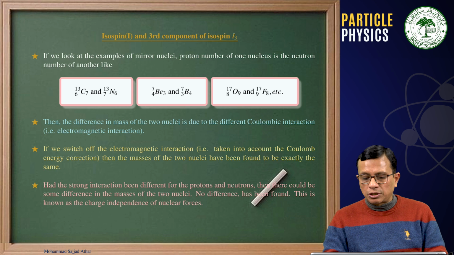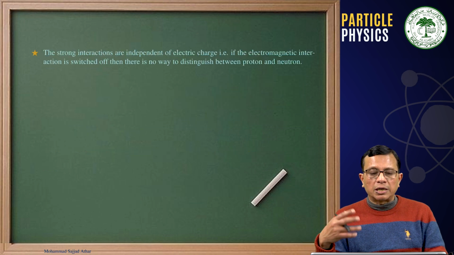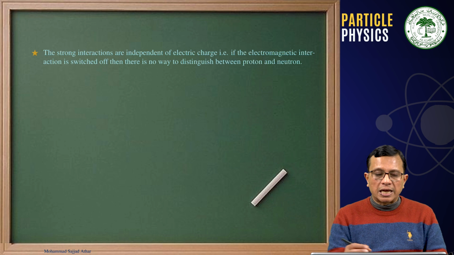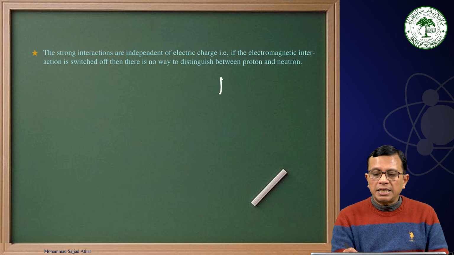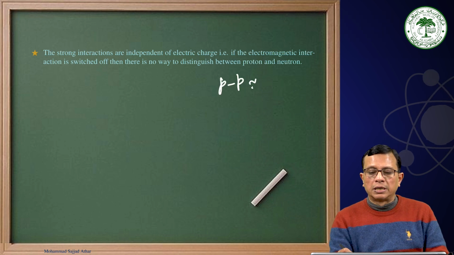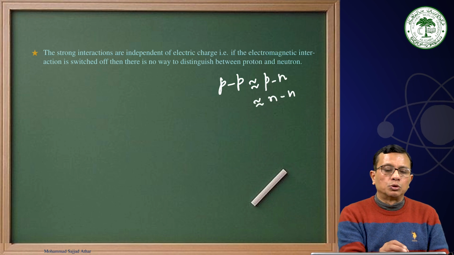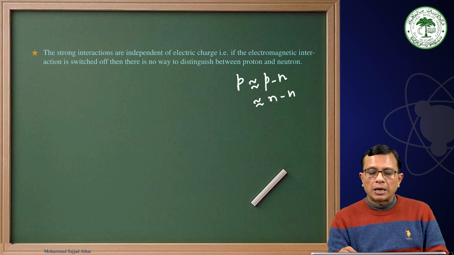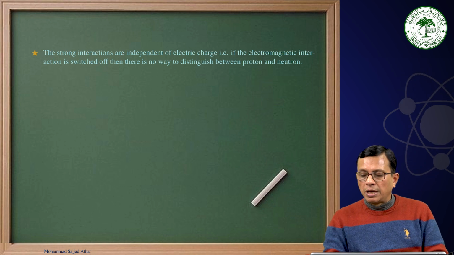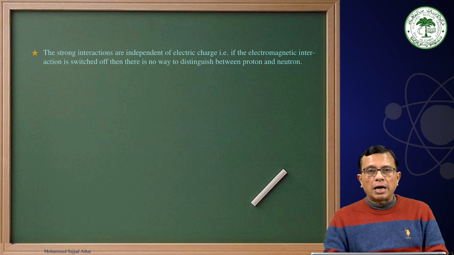That gave rise to the concept of charge independence of nuclear forces, which says that the interaction between two protons is of the same strength as the interaction between a proton and a neutron, or between two neutrons. Therefore, from the eyes of the strong interaction, protons and neutrons are not different particles.